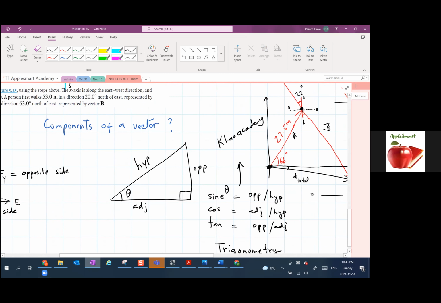Cosine of 30 is going to be the adjacent side, that is Fx, which is what I'm interested in finding out. And the hypotenuse is going to be the actual vector magnitude, that's 20, because I'm pulling at 20 newtons force, that's my hypotenuse. And so if I rearrange this, Fx is going to be equal to 20 cosine 30.